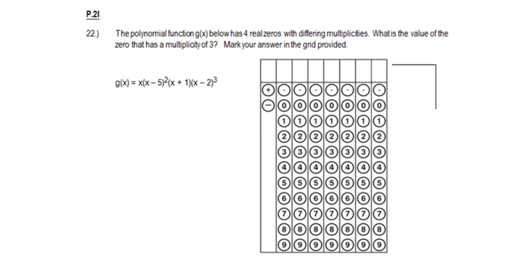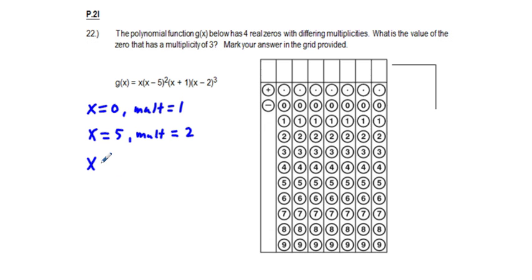Our last problem is this one. The polynomial function g of x below has 4 real zeros with differing multiplicities. What is the value of the zero that has a multiplicity of 3? Well, we have this x equals 0. That's a multiplicity equal to 1, right? Because we just have 1x. This x equals 5 has a multiplicity equal to 2 because we have x squared.